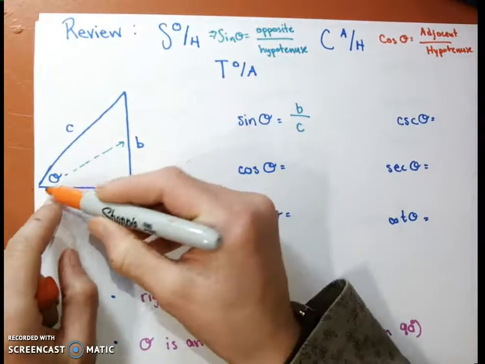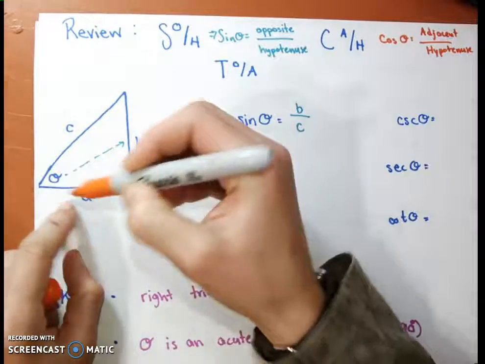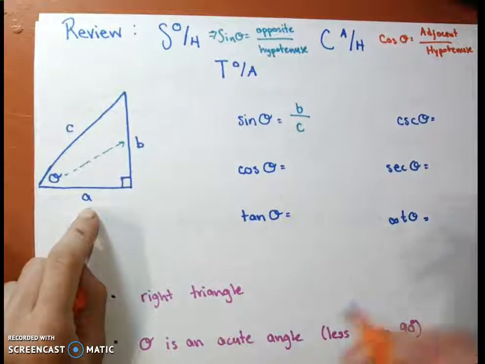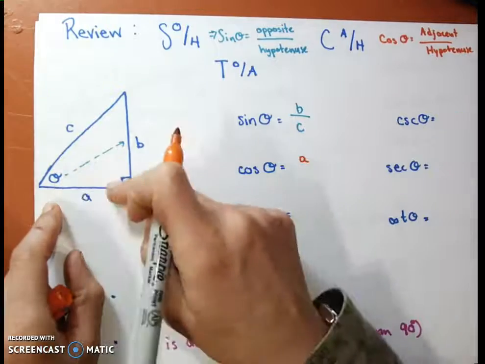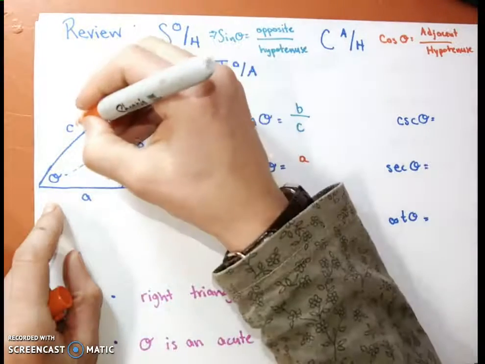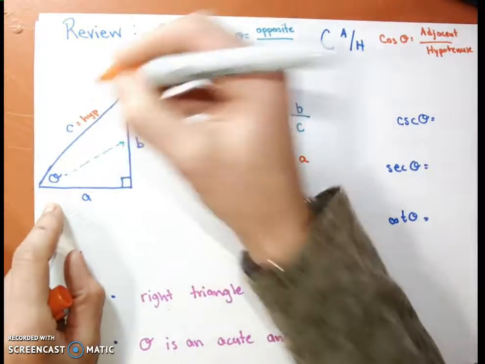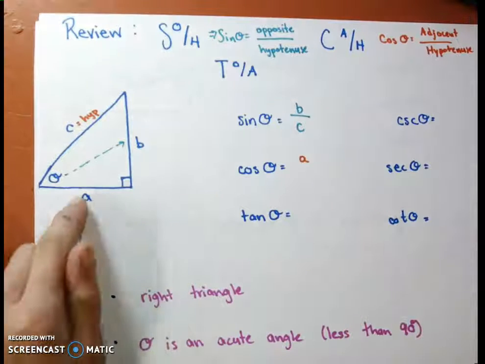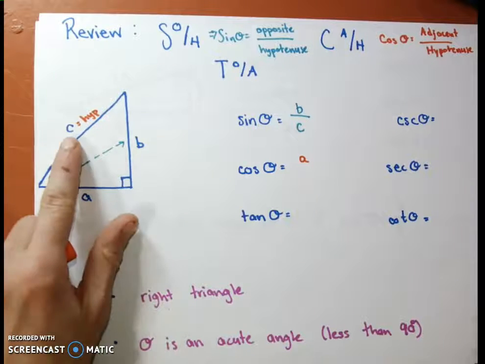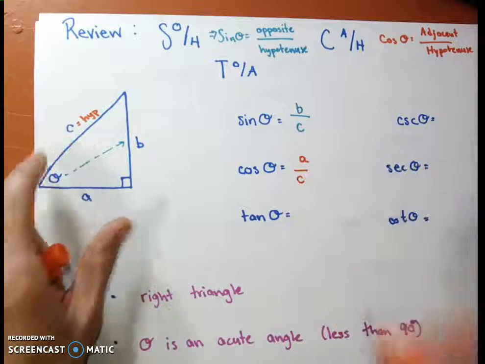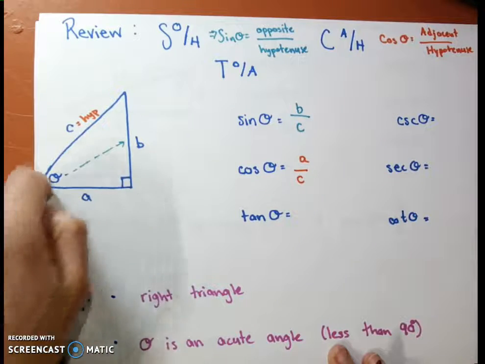So the adjacent side to theta is going to have length A, because it's the side that touches theta, but is not the hypotenuse. C is the hypotenuse because it's across from the right angle. So cosine of theta is the ratio A divided by C.